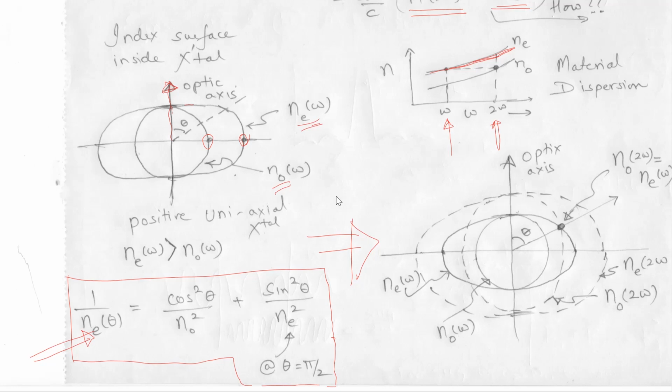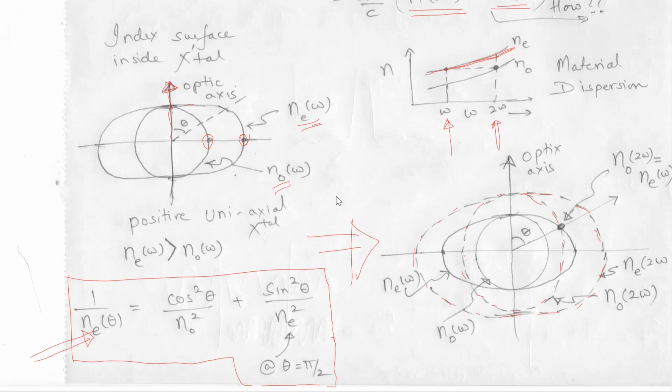But you see that at 2 omega, the refractive index actually increases for both the ordinary and the extraordinary ray. So the ordinary ray maps on to a larger circle, which is the dashed line shown here. And similarly, the extraordinary ray gets mapped on to the larger ellipse at 2 omega.